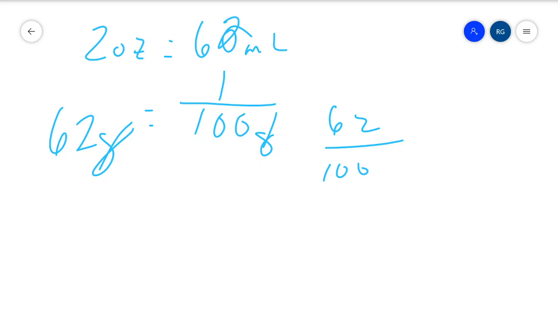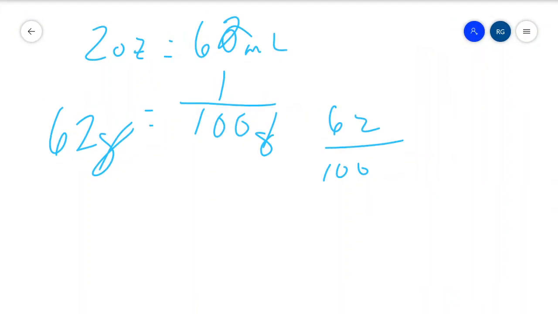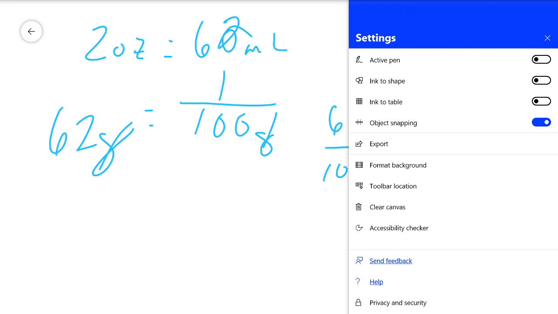Let me look here. All right, let me start over on this setup here. I screwed it all up. Forgot the 1,000 grams. All right, but we know that 31 grams is equal to 1 ounce, so we want 2 ounces, so that's going to equal 62 grams.